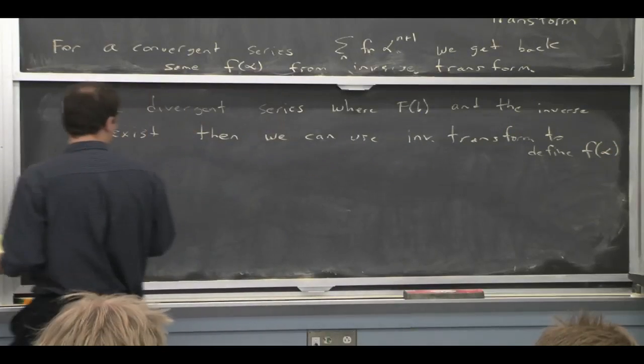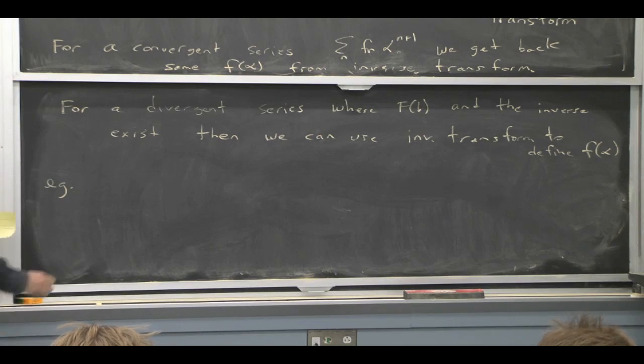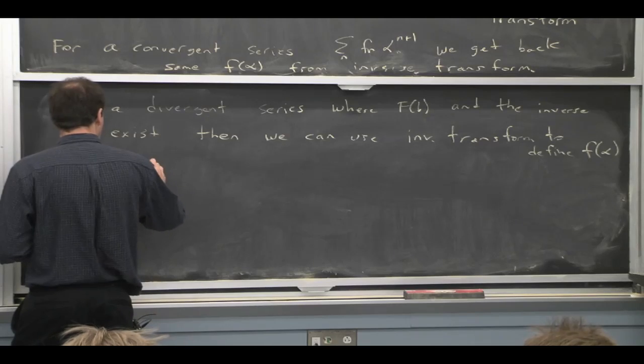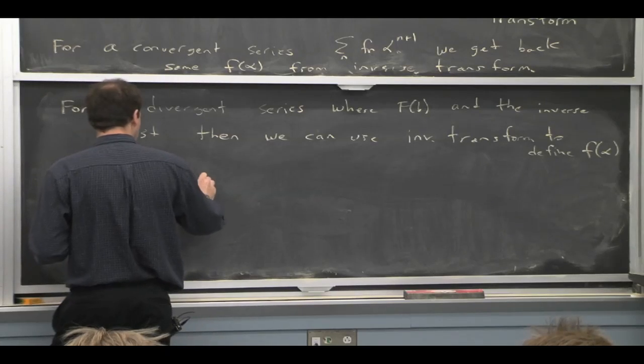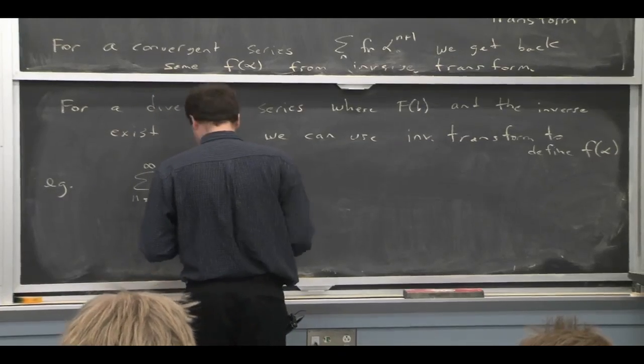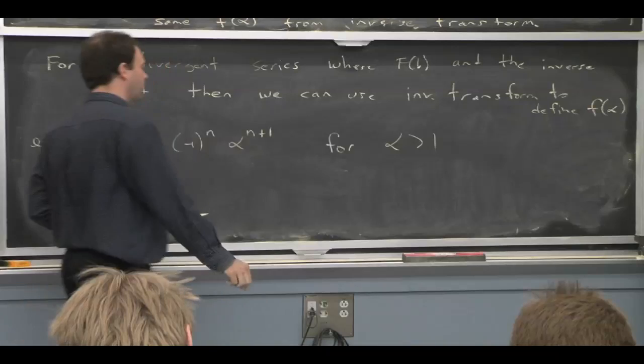So let me give you a simple example of that, to convince you that it's not such a bad thing to do. Let's consider the following series. Just an alternating series, but alpha is a parameter greater than 1.